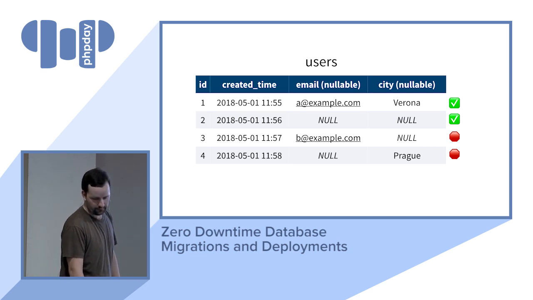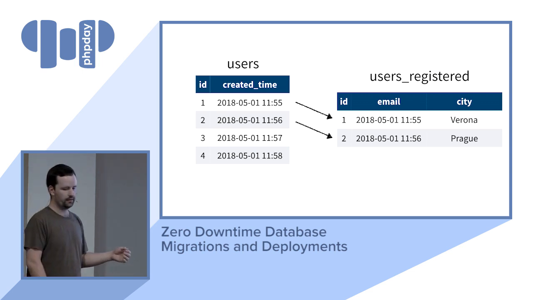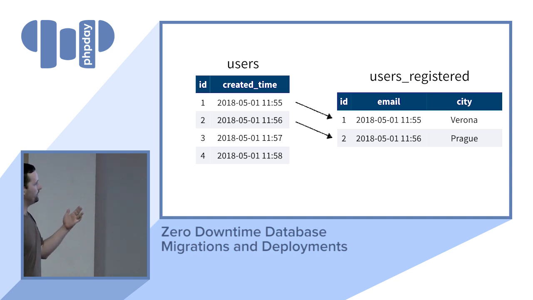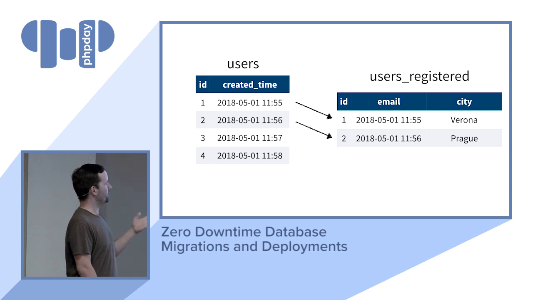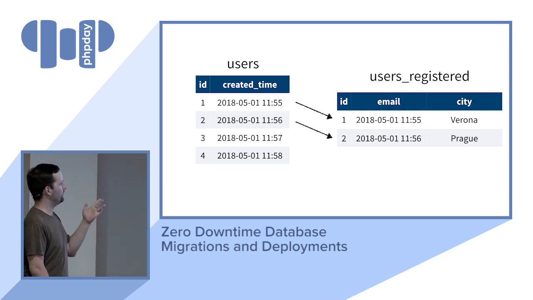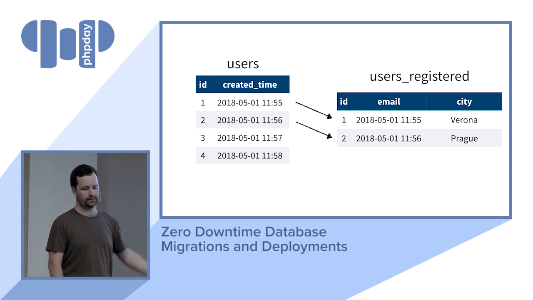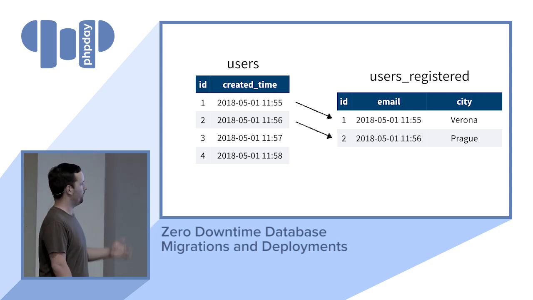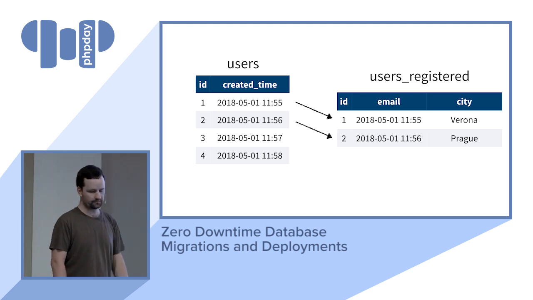So another approach to do this is to create a separate table that I will join, and this separate table has those columns required. So once a user is registered, he gets an inserted row into the registered users table, and all the values in the registered table are required.